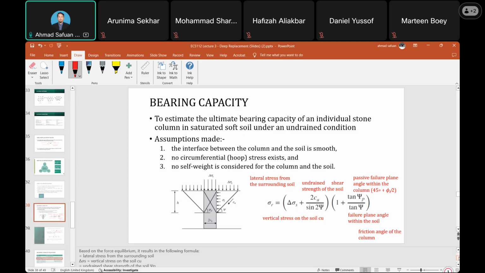So to begin with, the equation shown here determines the lateral stress from the surrounding soil.